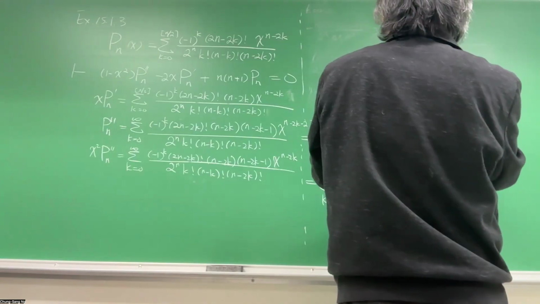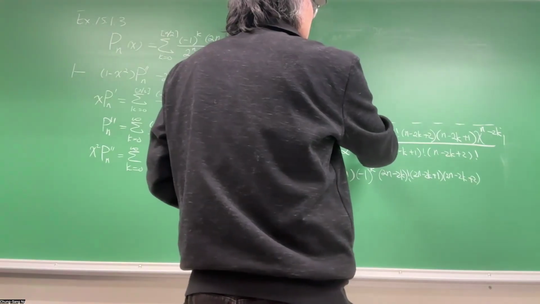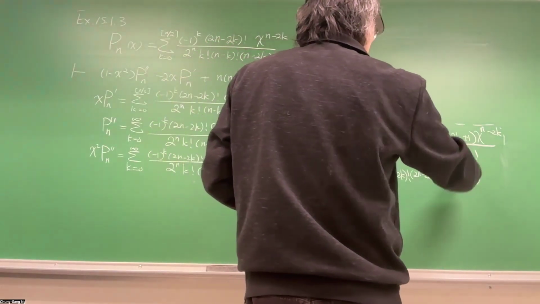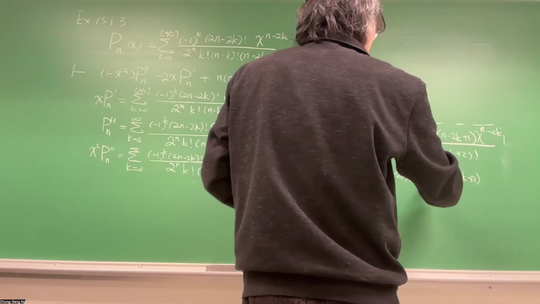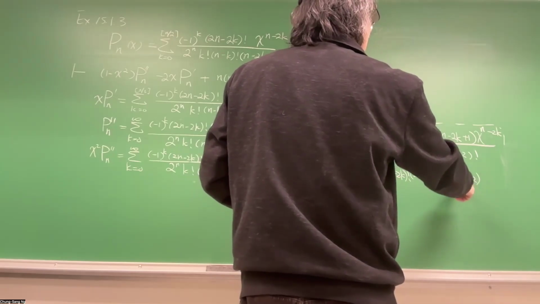You have this one, then multiplied by this 2, you get the square of this.